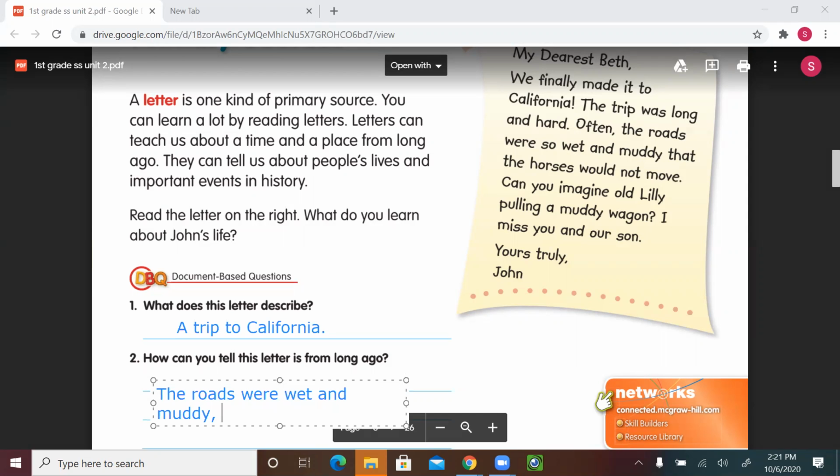And also, when they said here, horses would not move, that means they were using horses. Horses did not move easily.